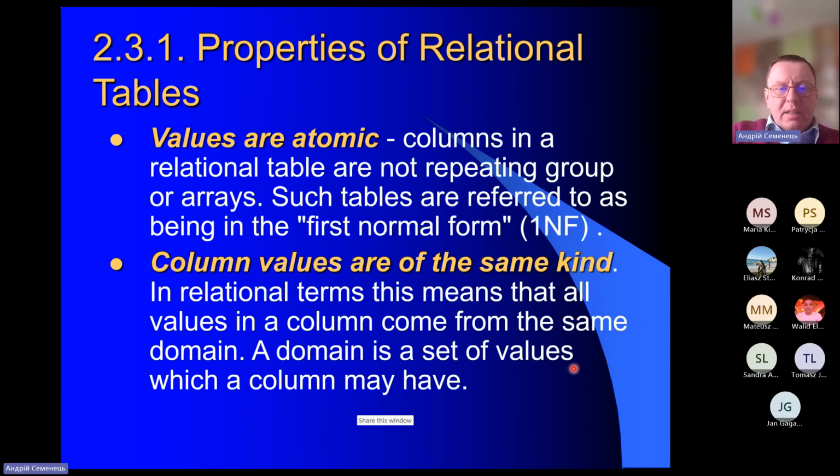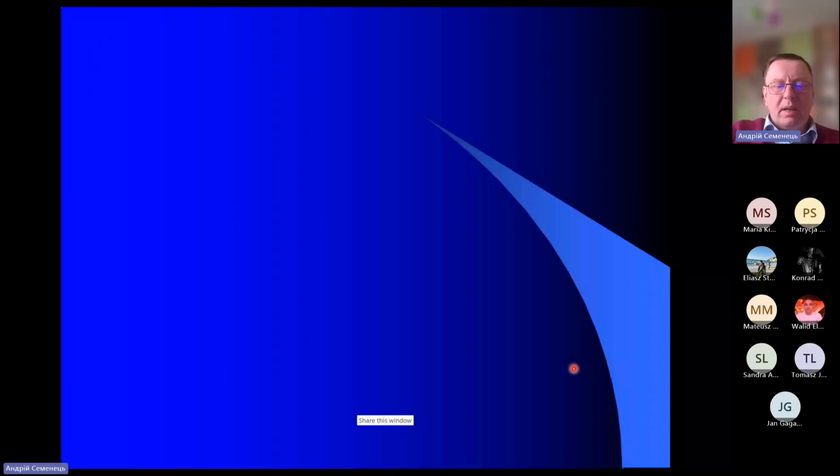So I already spoke about the features of atomic values, no repeating groups or arrays. In fact, it's broken with JSON strings because they are essentially arrays. Speaking of column values, of the same kind.